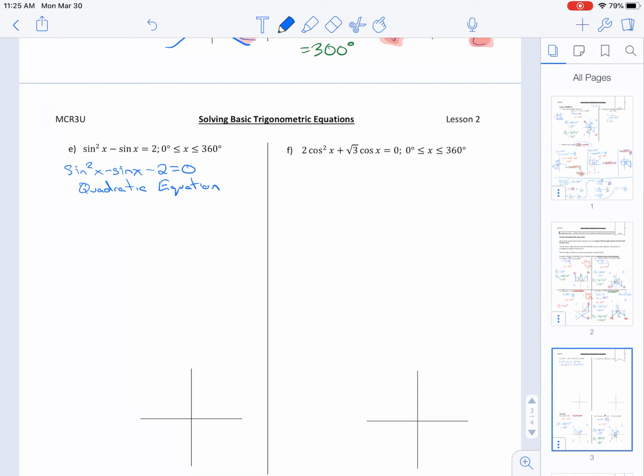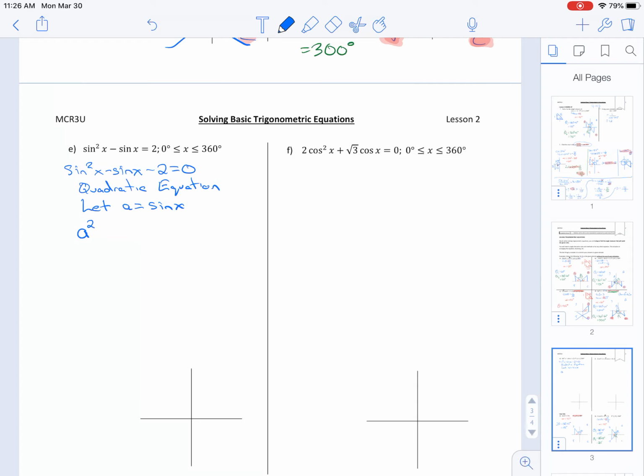With quadratic equations, you're going to get 2 possibilities for sine. The easiest way to approach this is to get rid of the sine, actually. I'm going to say let A represent sine of x, so I'm going to replace sine x with A. Once you see it like that, it might be a bit easier to figure out.